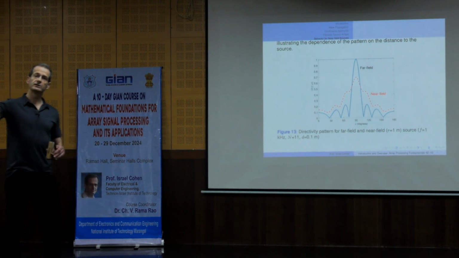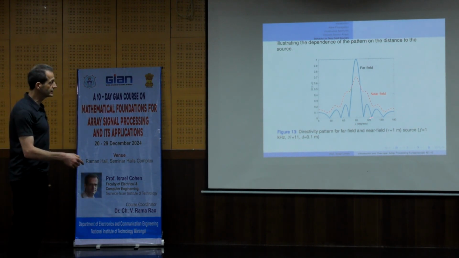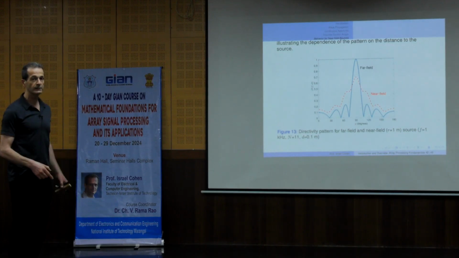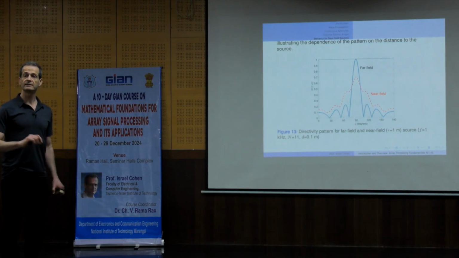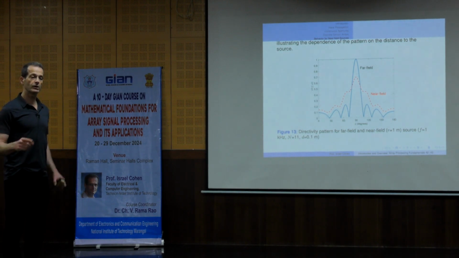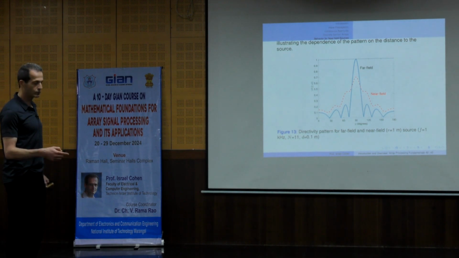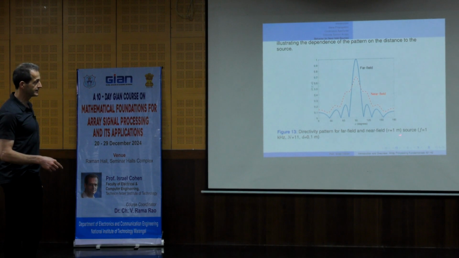So with a far field source that comes from a certain direction, we will not get any signal at the output, because all the signals that come to all the sensors cancel. By the way, in this case, we have specific values. This is the far field, the blue line, and we assume that theta is pi divided by 2, 90 degrees, for a frequency of 1 kilohertz, with 11 sensors, and the distance between sensors is 0.1.